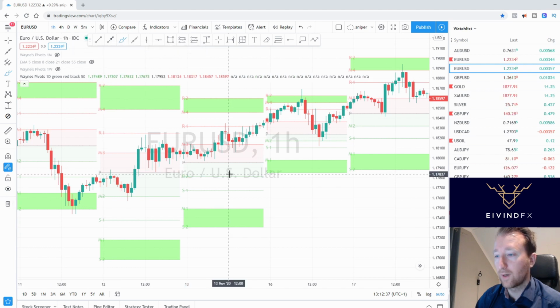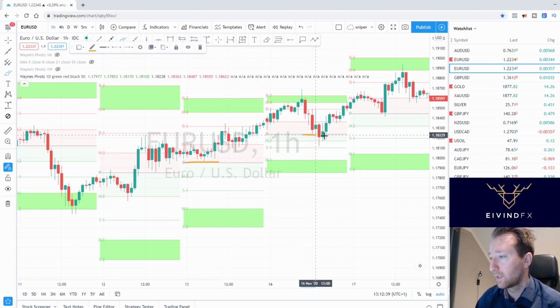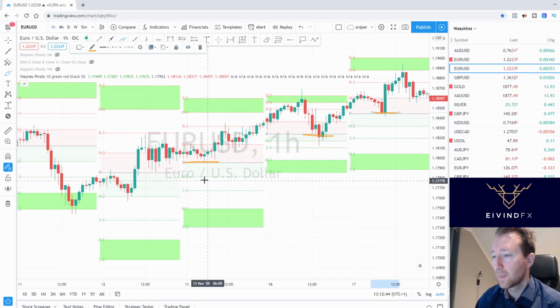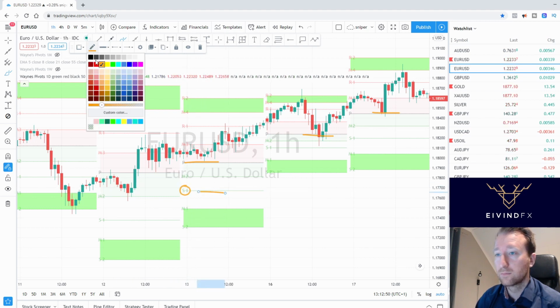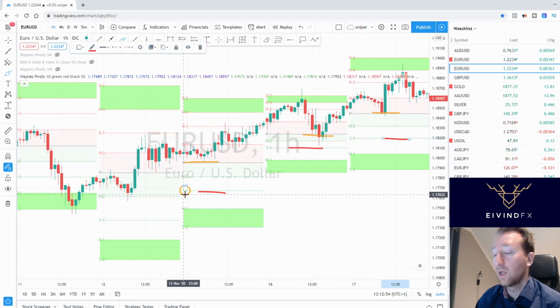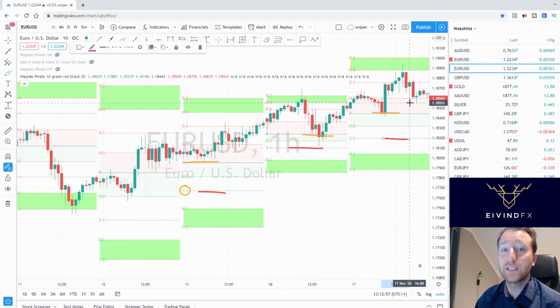So I would look for entries here, here, and here. Quite good, right? I would put my stop loss below S1, so below here, and below here. Not at any given time were these trades stopped out.